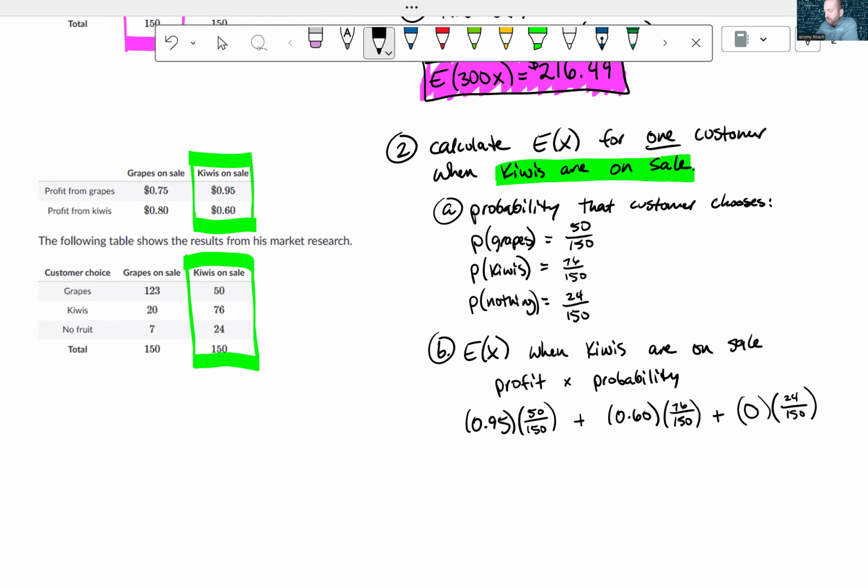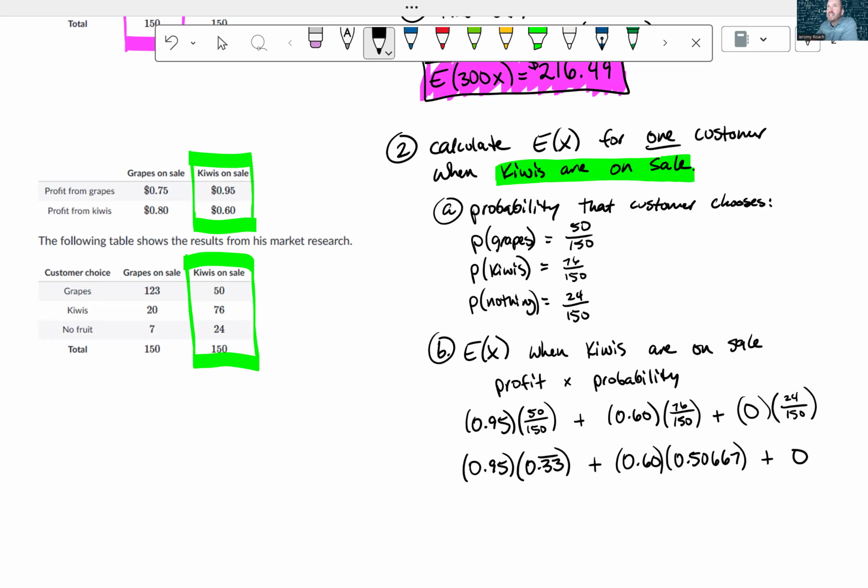This is just 1/3, 50 over 150 or 0.33. I'm just going to change everything to decimal. No, 0.0667. I'm just going out a few extra places when necessary, just to be more exact, or when we find the expected value for 300 people.